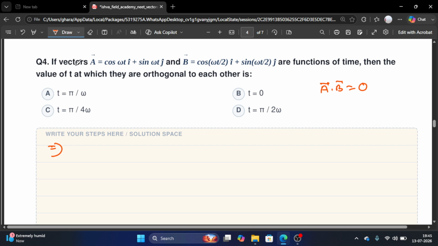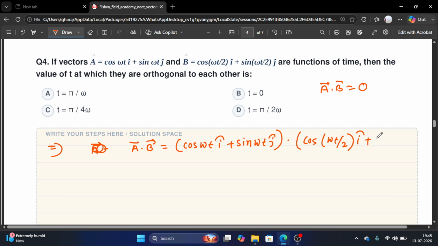So this is the vector a, cos omega t; just do the dot product a dot b. Calculate the dot product, that means cos omega t i cap plus sin omega t j cap, dot cos omega t by 2 i cap plus sin omega t by 2 j cap.